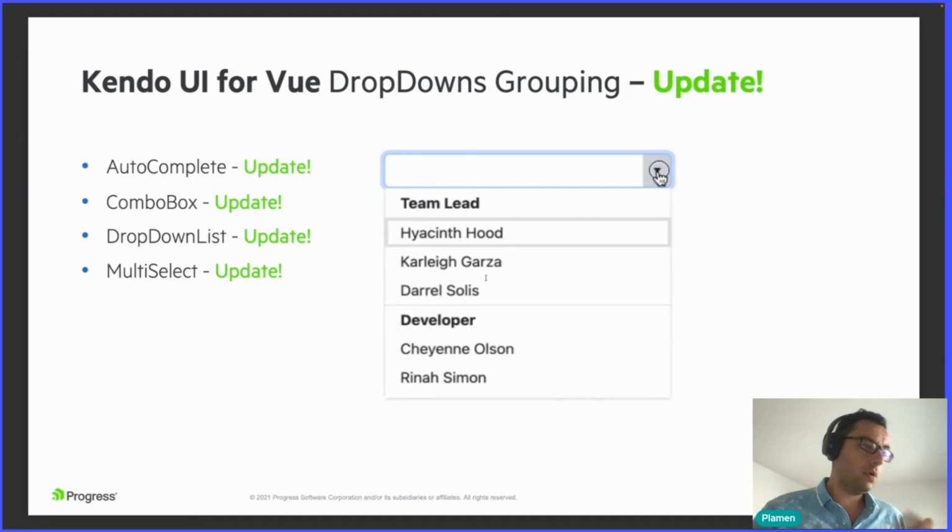For example, if you have, like in this picture, all the employees of one firm, and you want to choose some of them, you can immediately see who is team lead, who is developer, and who is in some other position without the need to wander. So this provides a great improvement for the user experience when using a dropdown.